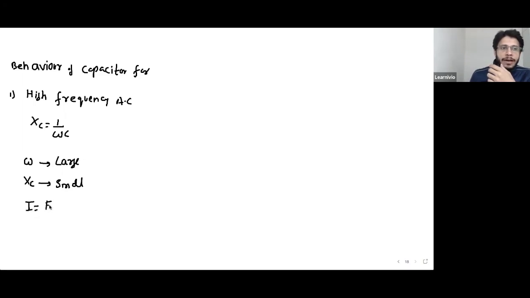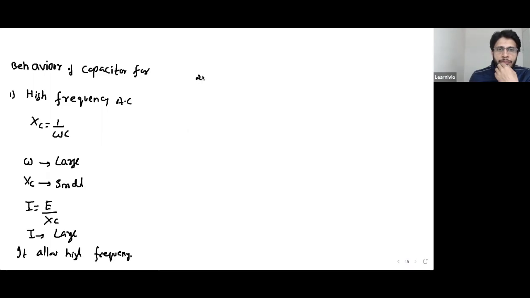Your I is E by Xc. That means your I is large. It's inversely proportional to Xc. So it allows high frequency. But if I give you low frequency, your Xc is 1 by omega C. If I take omega to be small, then they are inversely proportional.